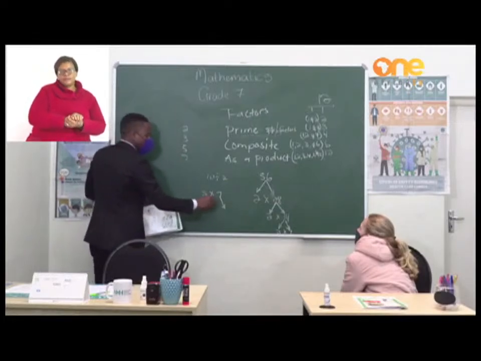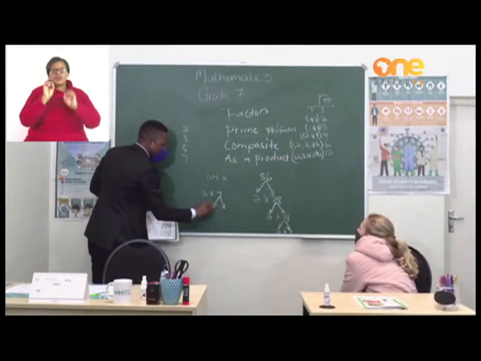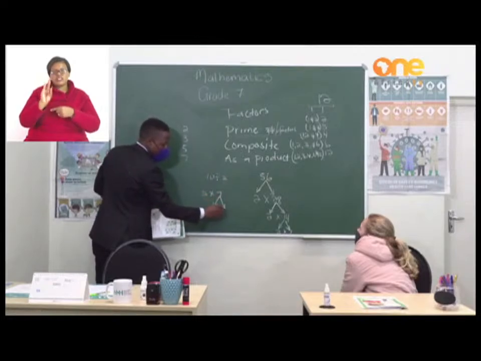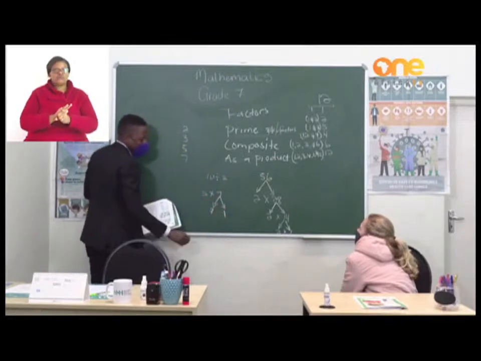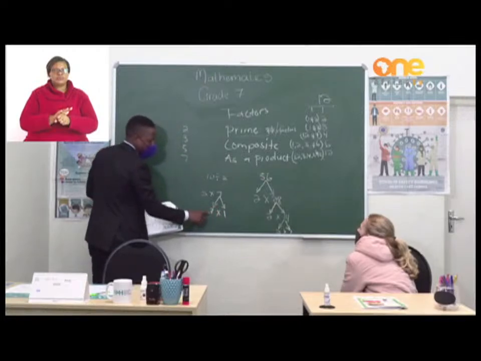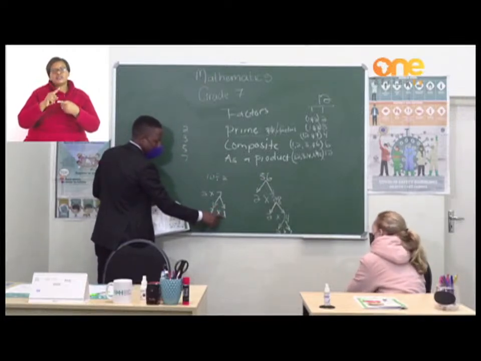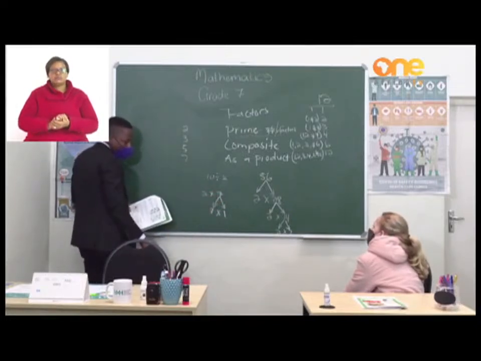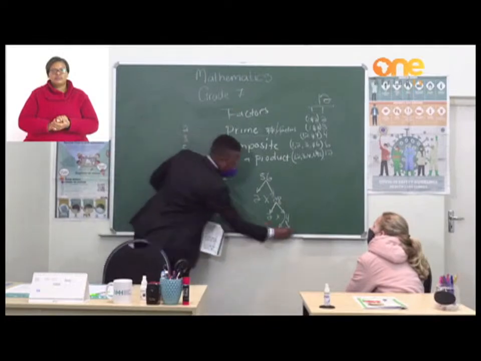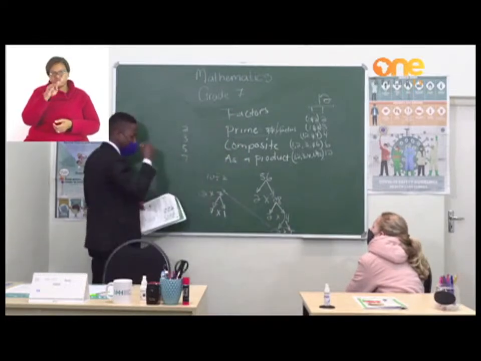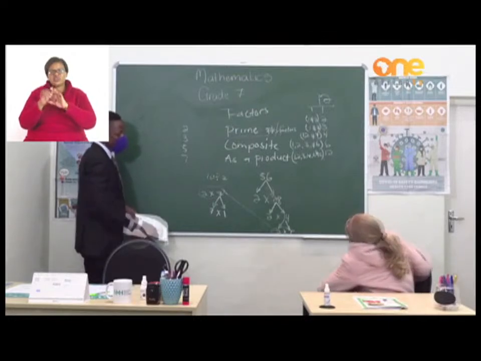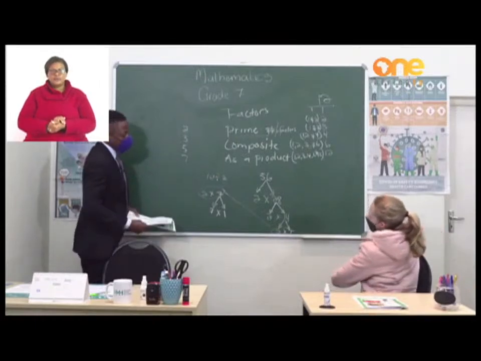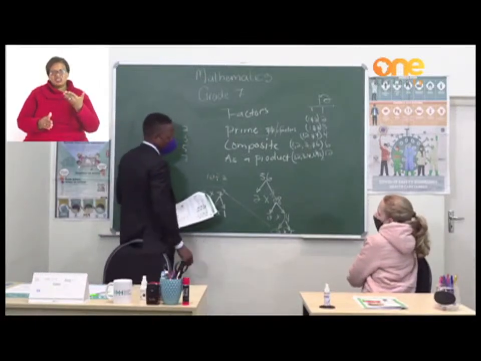So if I divide by 7, 7 goes into 7 one time. And if I multiply 7 times 1, I'll get 7. I just wrote it because you need to see how you have to go down. So this is a method which is called a factor tree.